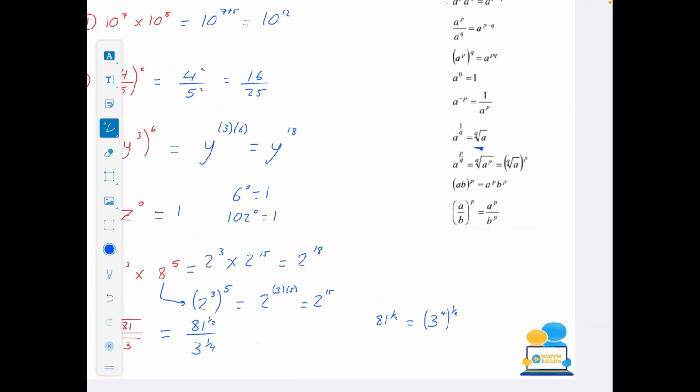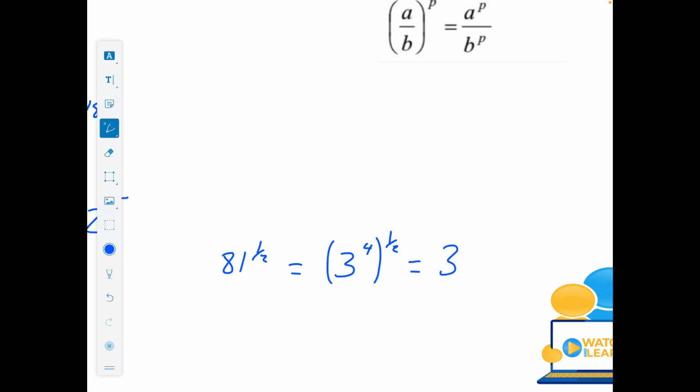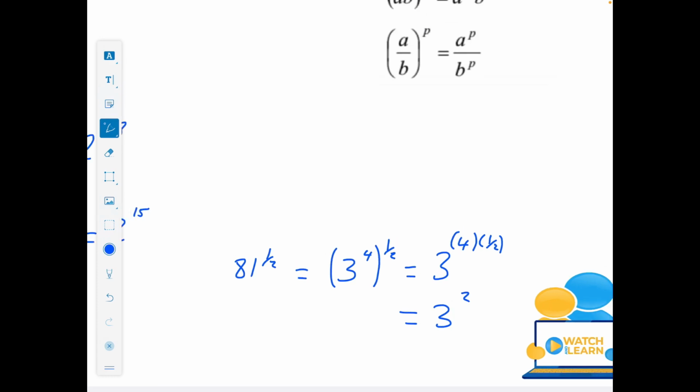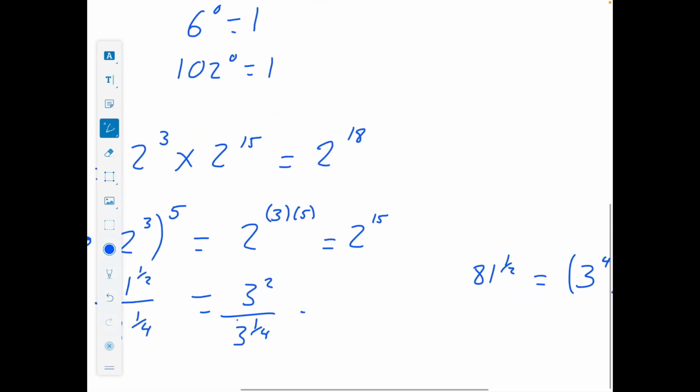And we still have that half outside. Now we have a power raised to a power, so we're going to be using rule number 3. So that will be 3 to the power of 4 multiplied by a half, which will be 3 to the power of 2. So instead of 81 to the power of a half, I can write 3 to the power of 2 over 3 to the power of a quarter.